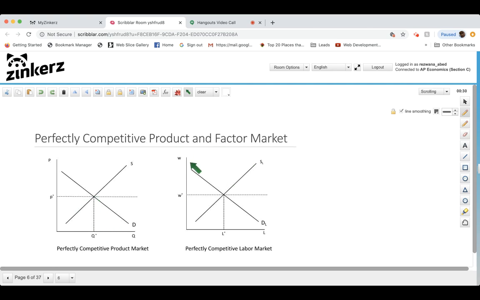And for the factor market, or labor market, because we're really focusing on labor, we have the supply and the demand for labor, with wage, which is the price of labor, on the vertical axis, and quantity of labor on the horizontal axis. And the intersection of supply and demand gives us an equilibrium wage rate and an equilibrium labor quantity.